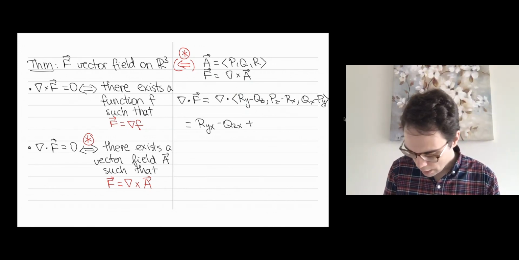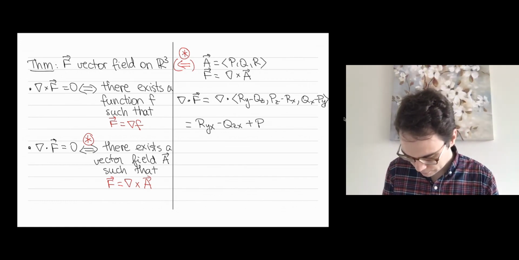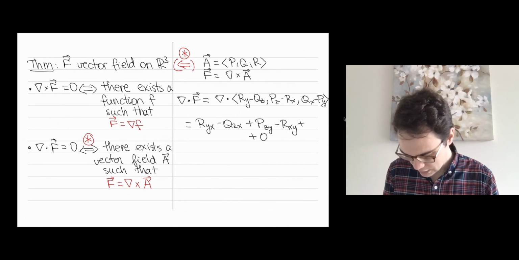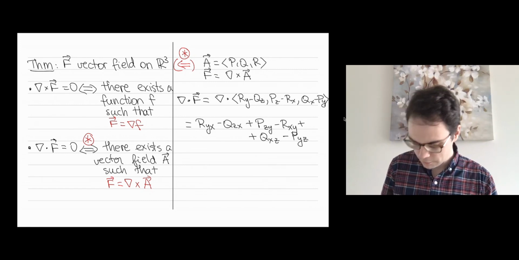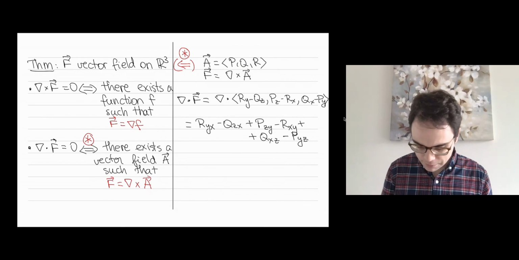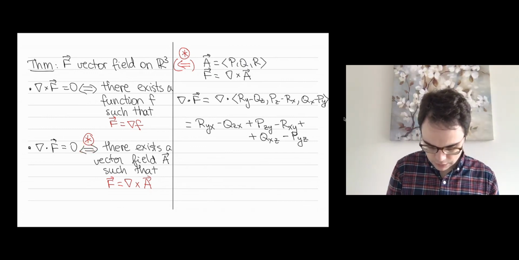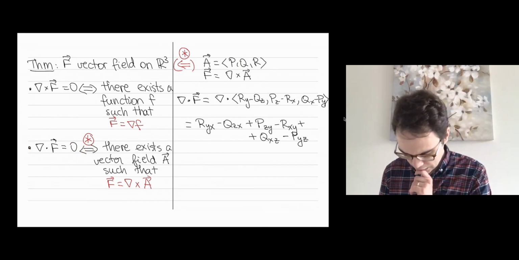Then you do the y partial of the second component, so you get P_zy minus R_xy. And finally, you do the z partial of the last component, which gives you Q_xz minus P_yz. The theorem is telling me that this is supposed to be 0, and it absolutely is, right? You can see the cancellation.